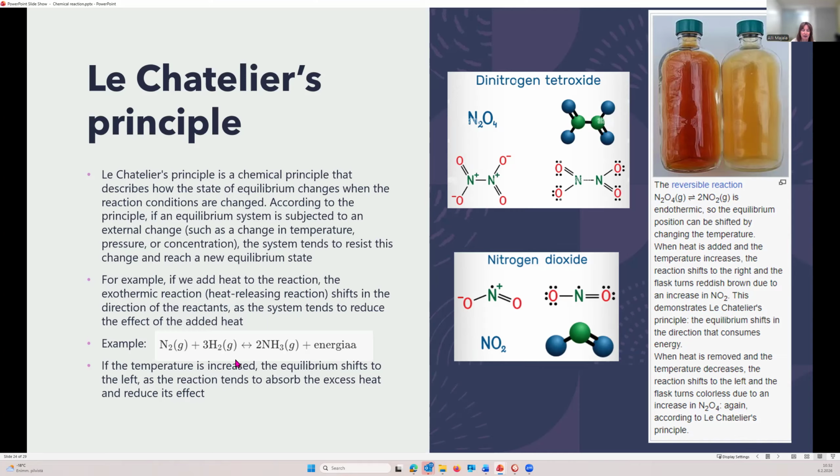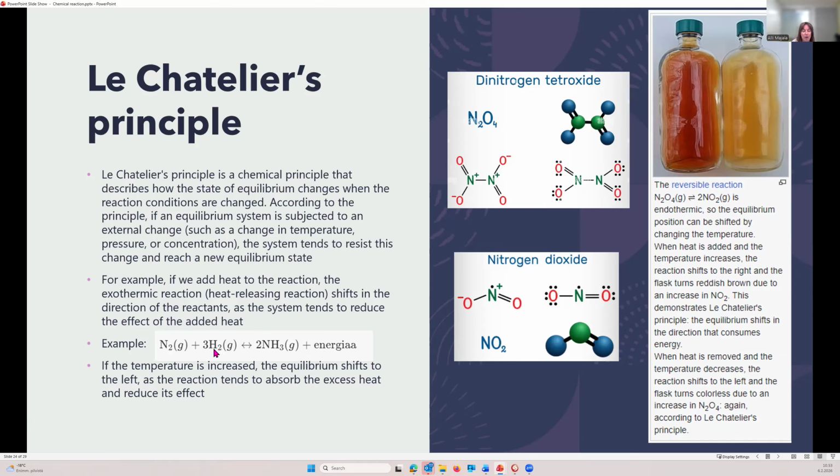For example, here, from nitrogen and hydrogen, you can form ammonia and release energy. Sorry, this is in Finnish. And now, if you add more energy here, you get more of the reactants, so you don't actually end up with the products.